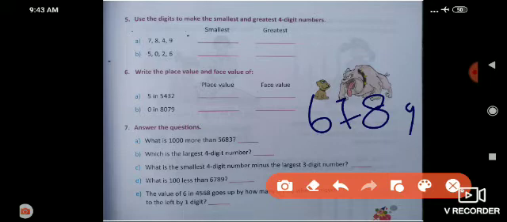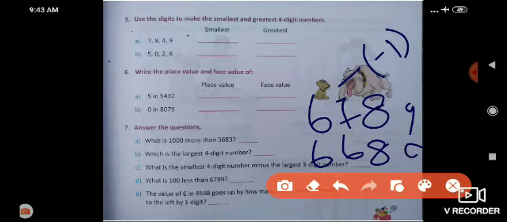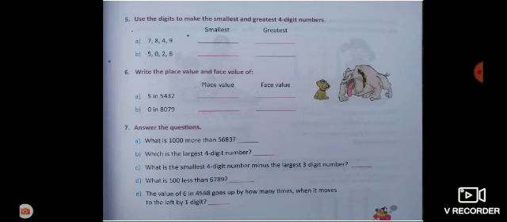So see the 100 place, which is 7. You have to minus 1. What is 7 minus 1? 6. Right? Write 6 in the 100 place, then write the other digits as they are. You will get 6689. Understood, children?